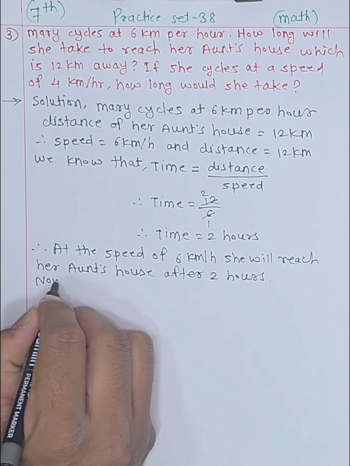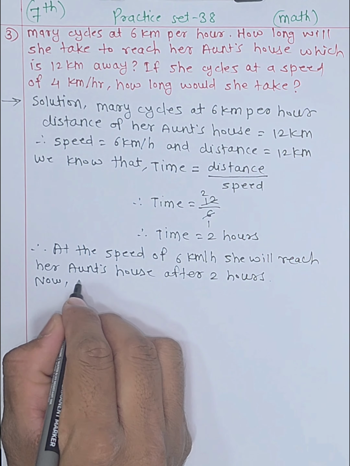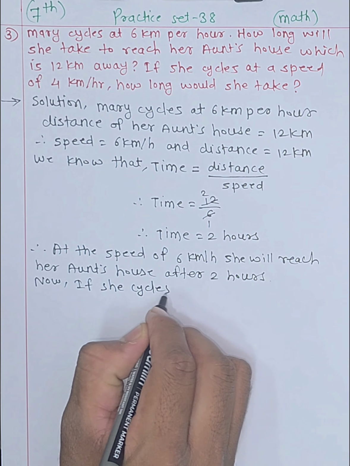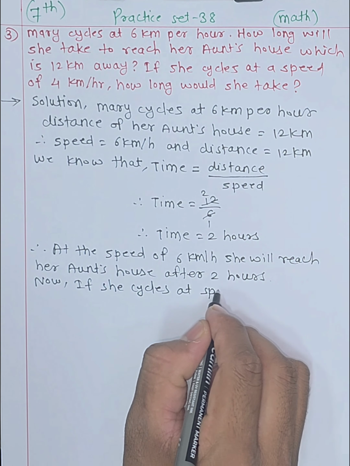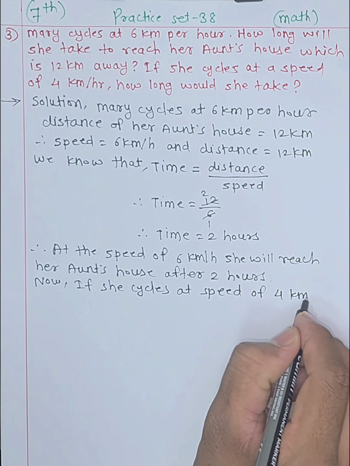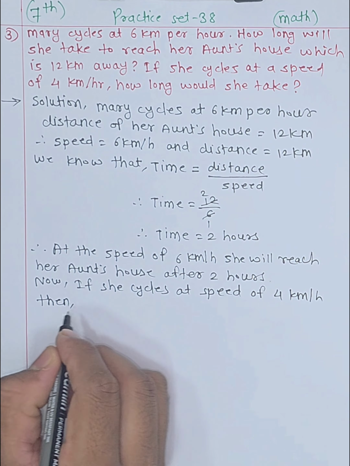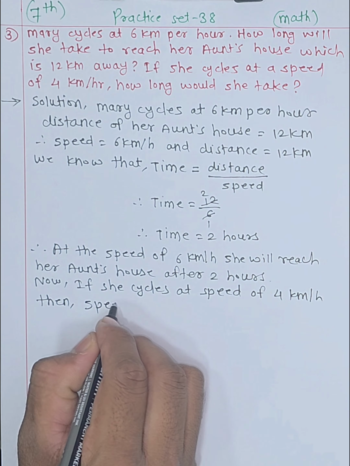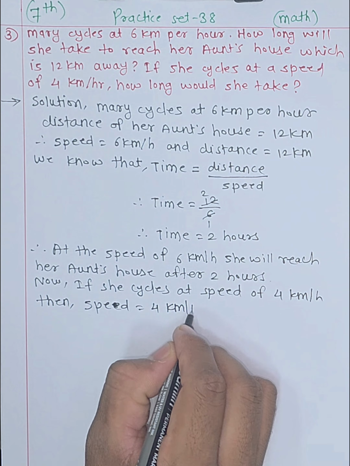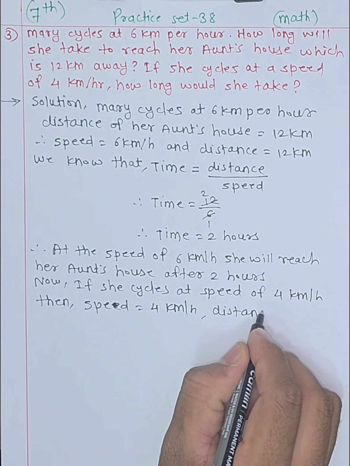Now, if she cycles at speed of 4 kilometers per hour, then speed is equal to 4 km per hour and distance is now 12 km.